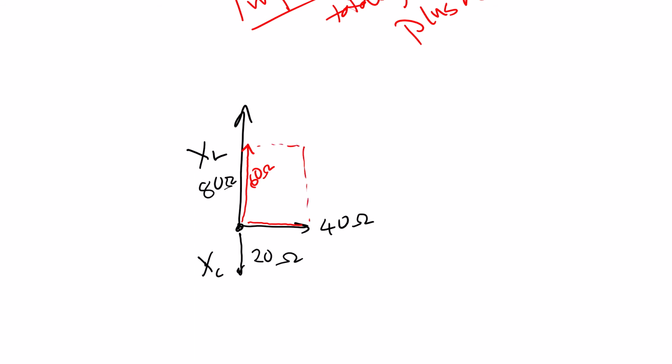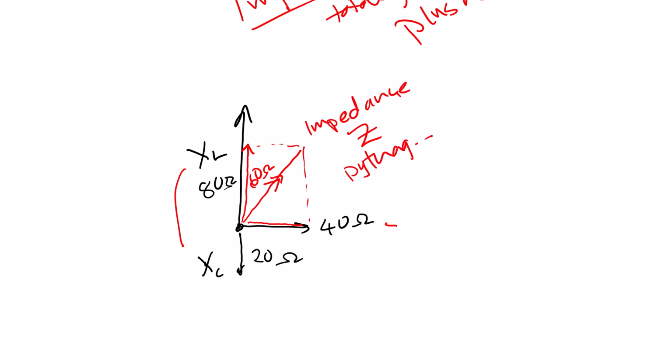The resultant of the reactance and the resistance is this here. So we can say this is the impedance Z. We can calculate again by Pythagoras, and we end up with Z equal to the square root of 60 squared plus 40 squared. So Z is equal to 72 ohms.